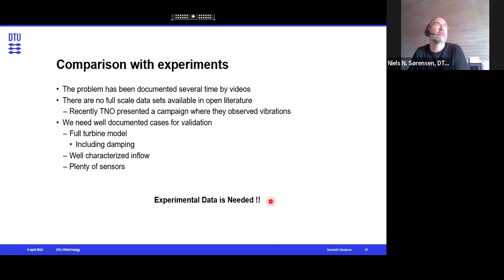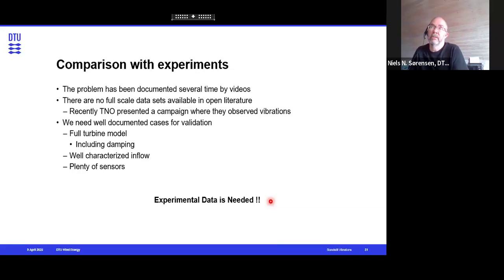The problem is to know the turbine data, the actual wind data. So the videos can provide the proof that it exists, but they can really not be used for validation. There are no full-scale data sets available in the open literature.